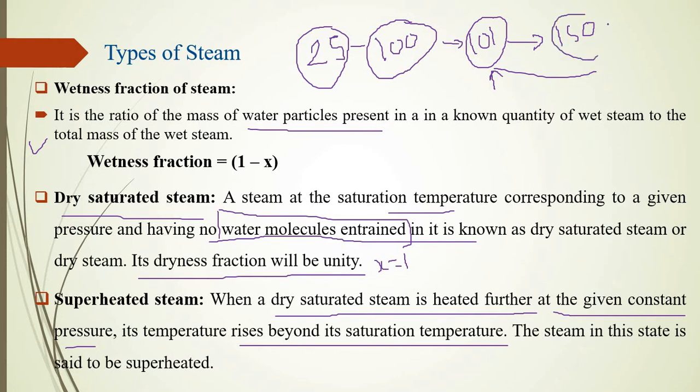Then as we give more and more heat to the steam, its temperature rises up to 350 centigrade, that's called the superheated temperature. At this point the steam is completely dry, with 0% water molecules, and this superheated steam is used in a power plant to operate the steam turbine.